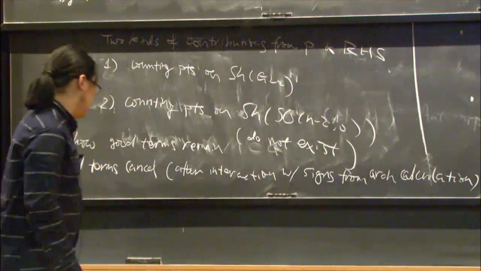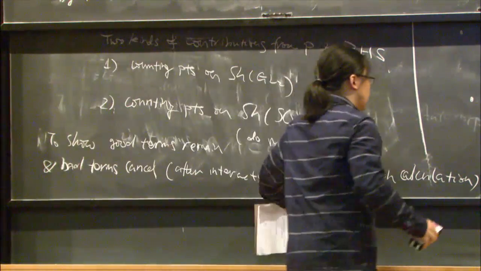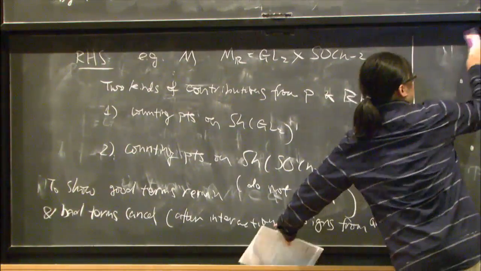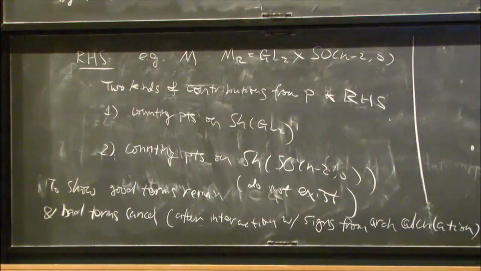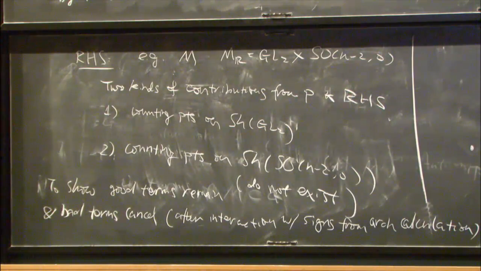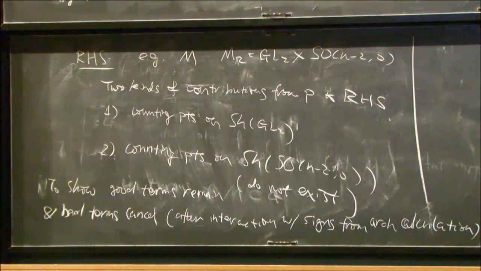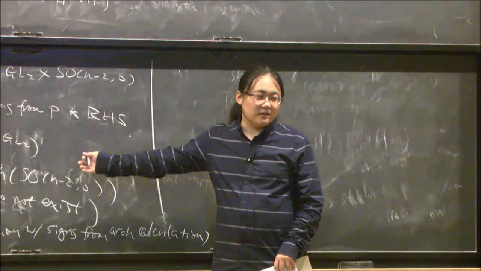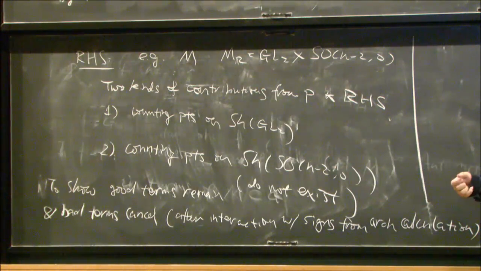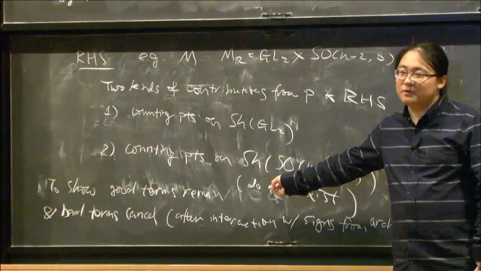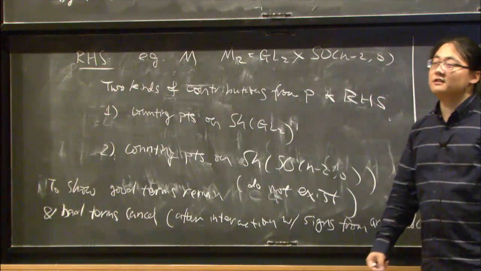That's why I said in the Archimedean calculation, each sign of the terms in the linear combination really matters, because you're going to multiply them with the terms from p, and you want anything multiplied with the bad term from p to cancel in the end.